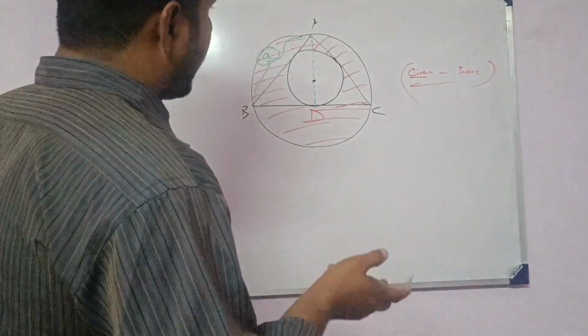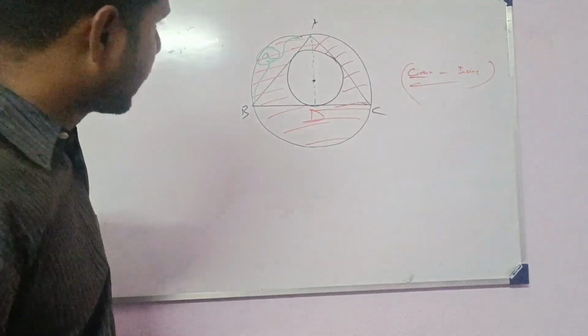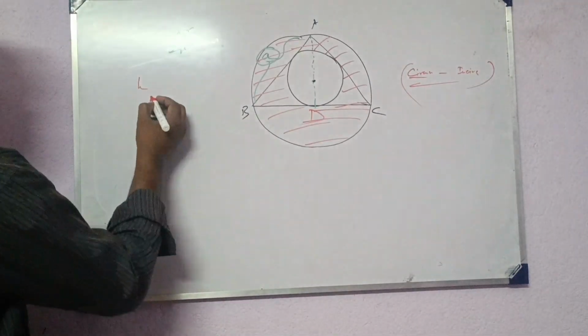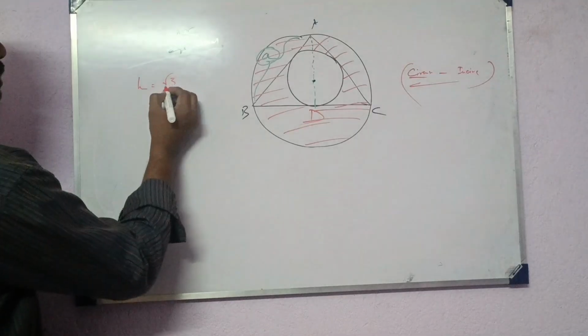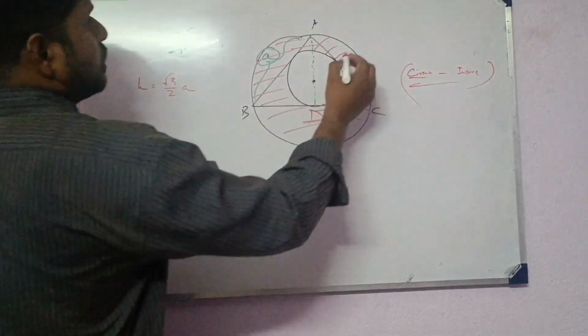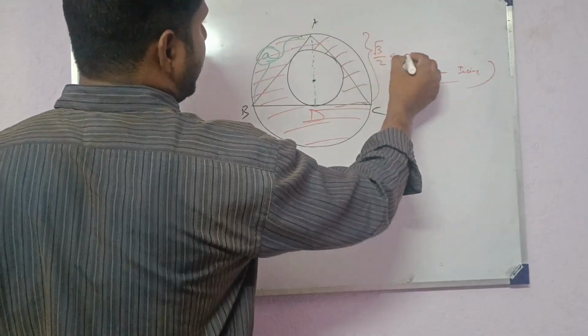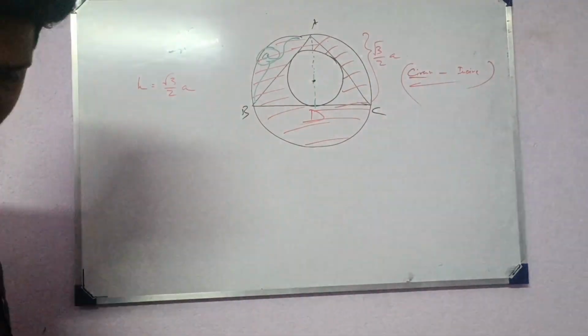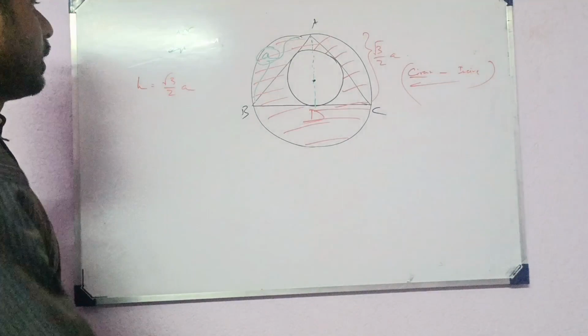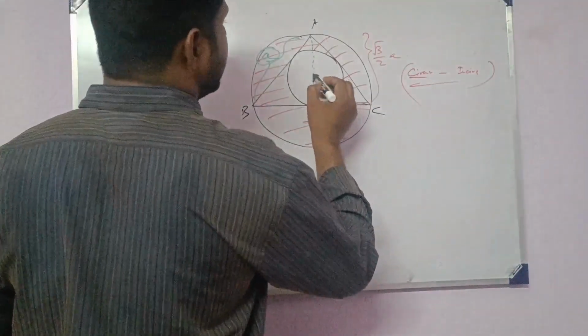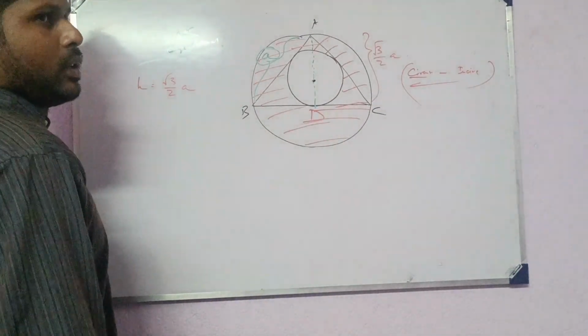So let's find the height of the equilateral triangle. Height is root 3 by 2 a. Now we need to know another thing: that center is also the centroid.